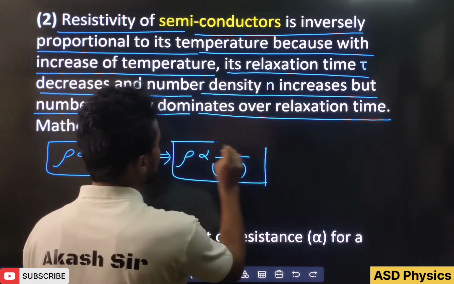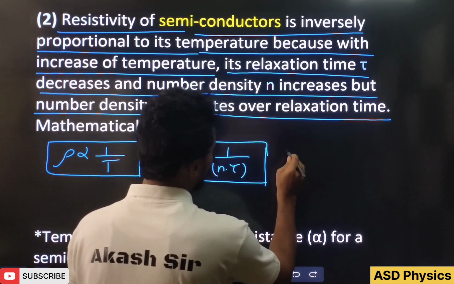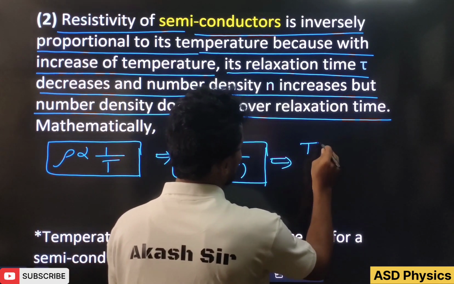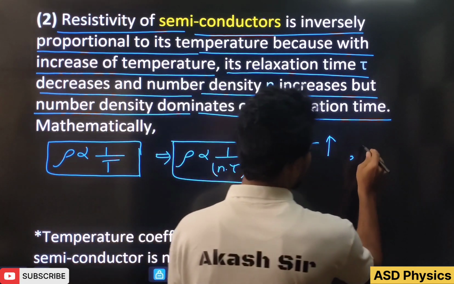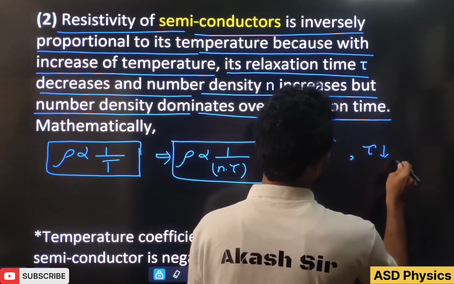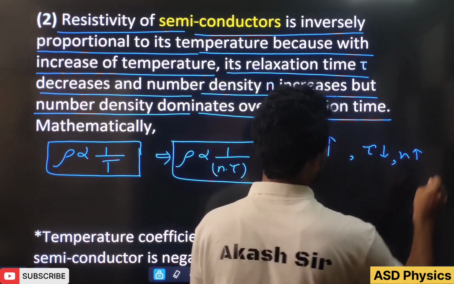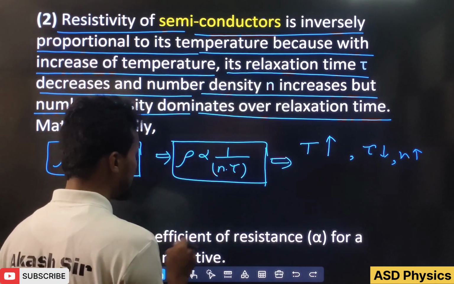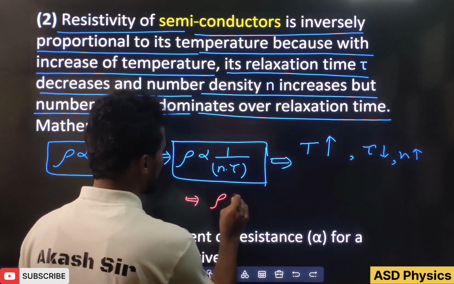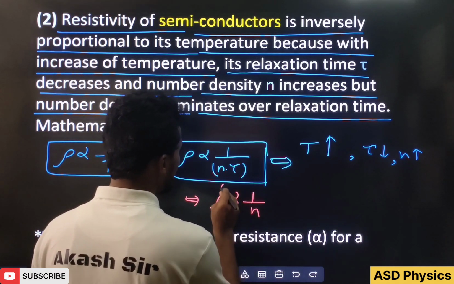Who will decide here? This n will decide. So if we are increasing the temperature, tau will decrease, n will increase. But who is the deciding factor? n is the deciding factor. That means what n tells, that will happen.